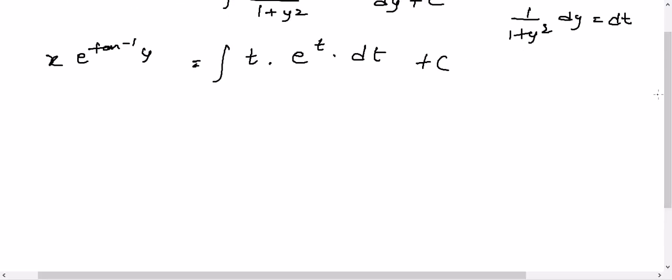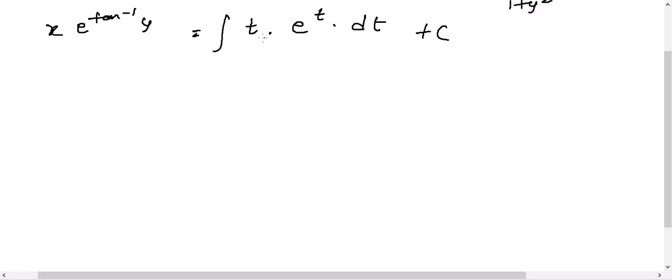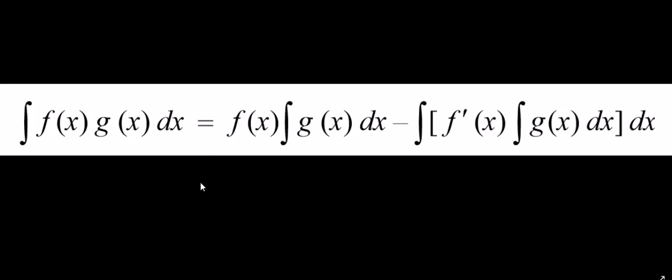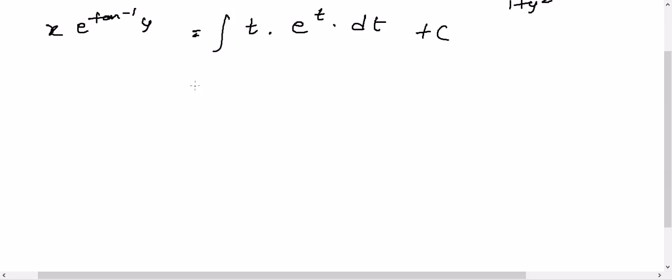So we have substituted the values now. So now we'll integrate. We'll be using, guys, integration by parts, right? This is the integration by parts formula, guys. Okay, so how do we do that? First, let the first function be t and the second function be e to the t.